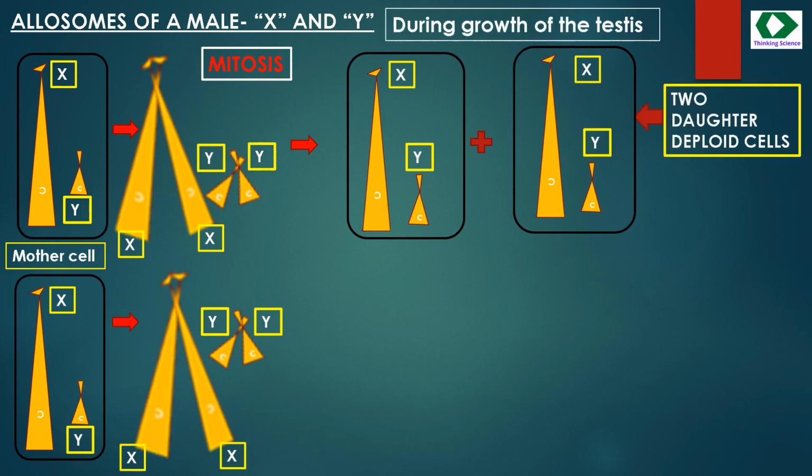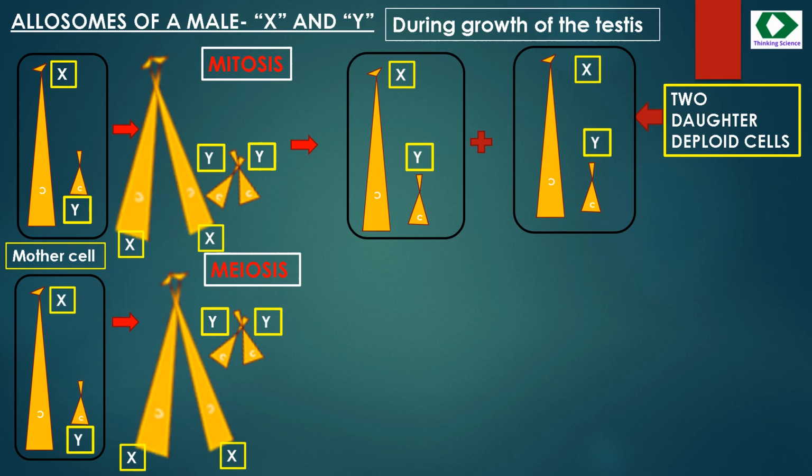Take the case of meiosis. The testis is going to produce sperms right now. So in order to produce sperms, the initial process is the same. X duplicates, Y duplicates. But after duplication, instead of 2 daughter cells, there will be 4 daughter cells. Now in each daughter cell, there will be one allosome.